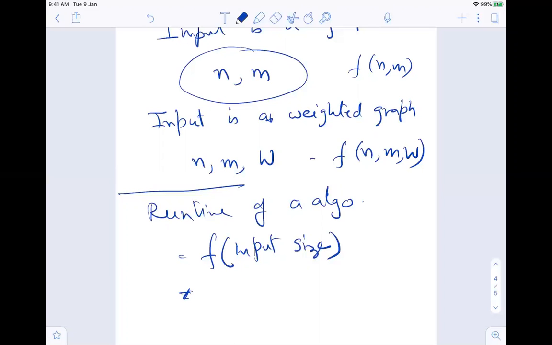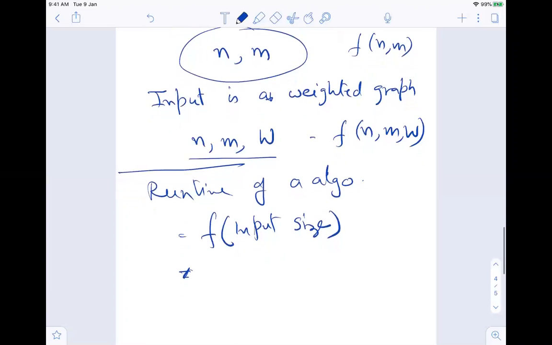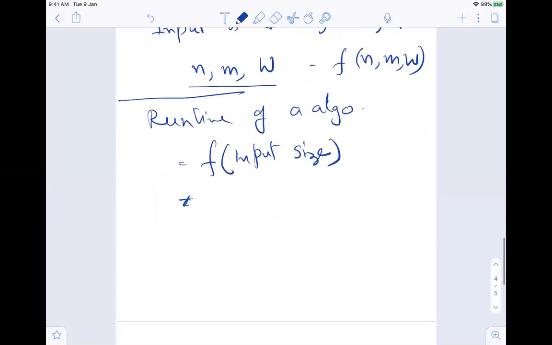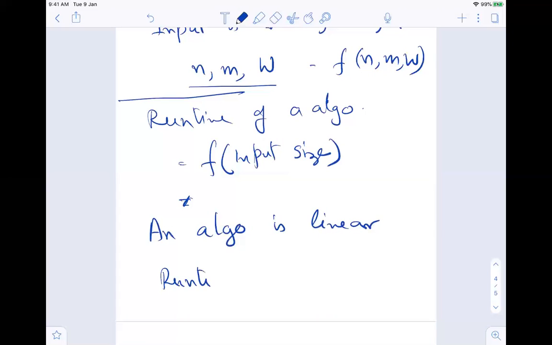Okay, so you should always think of these things as parameters. So if I say an algorithm is linear, what do I mean? That the runtime is a linear function of input size.